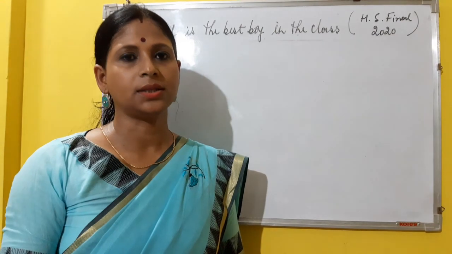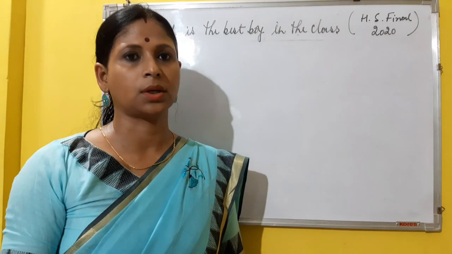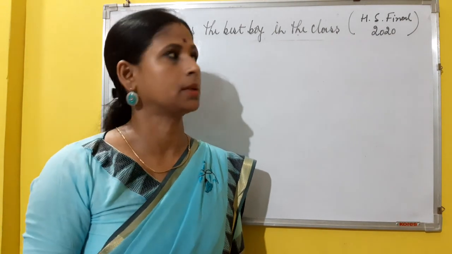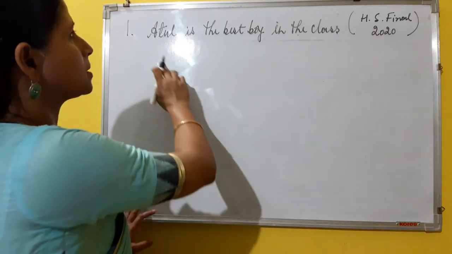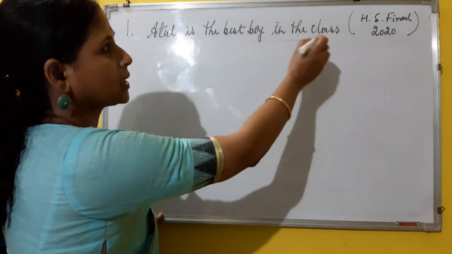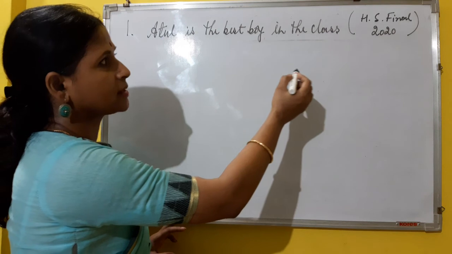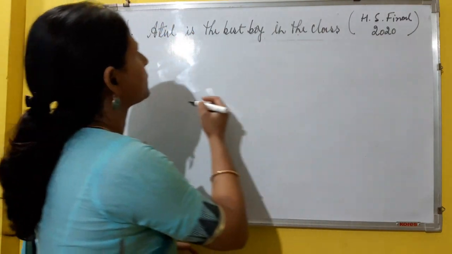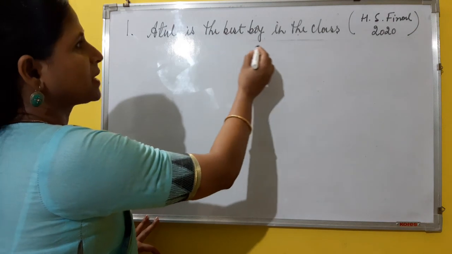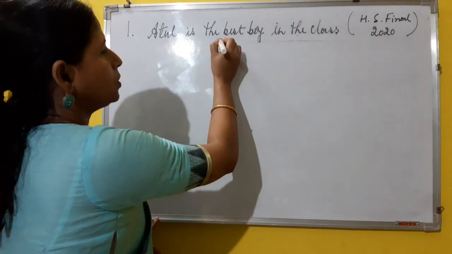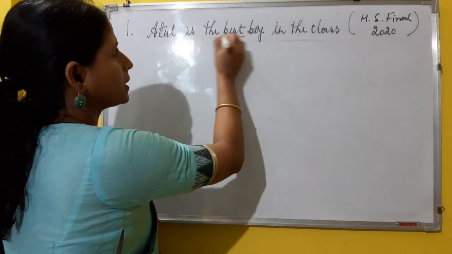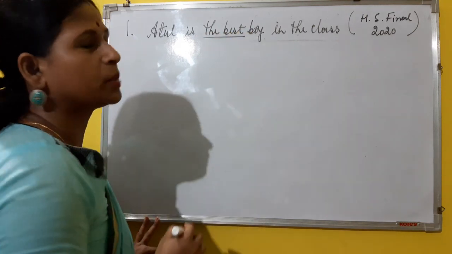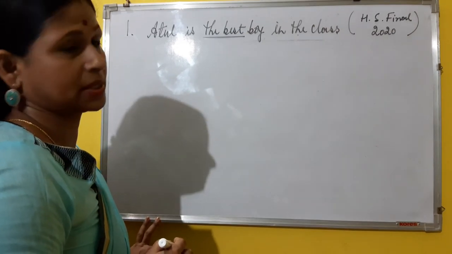With all this knowledge, let us now move forward to change the degrees of comparison. Now look at this sentence. Atul is the best boy in the class. This sentence I have taken from the question paper of H.S. Second 2020. So we must know that this is in the superlative degree form, the best.